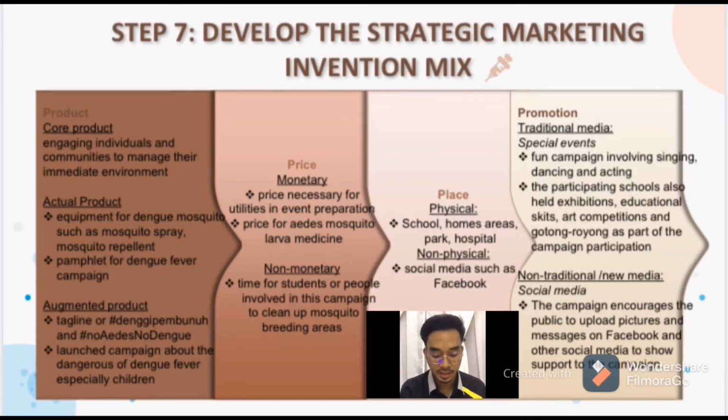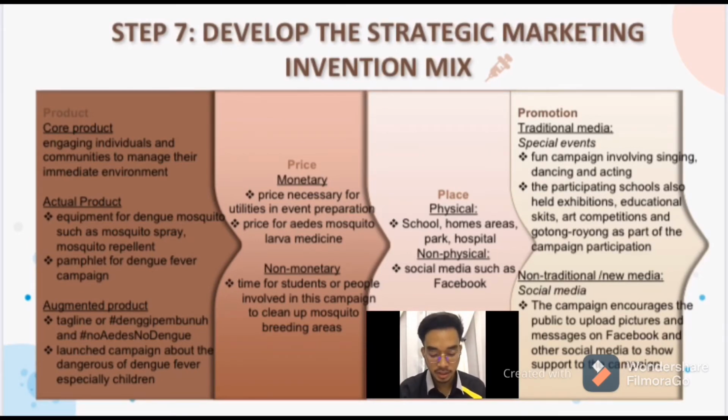In other words, the core product is the main benefit that the audience wants to achieve from performing the behavior. For example, in this campaign we involve individuals and communities to manage their environment, which is very important to control the spread of the disease.